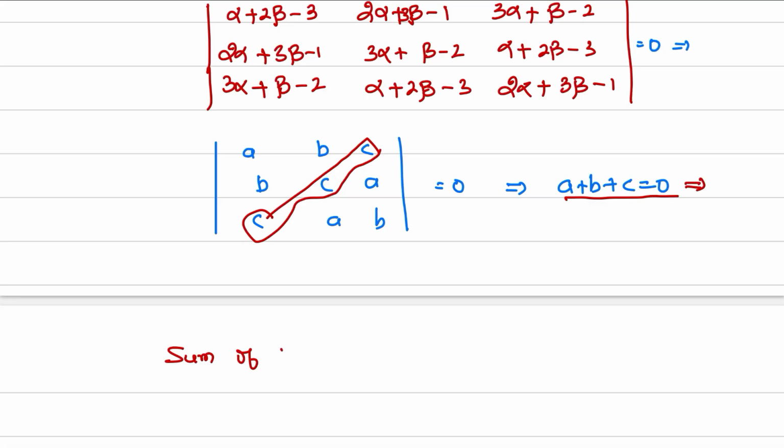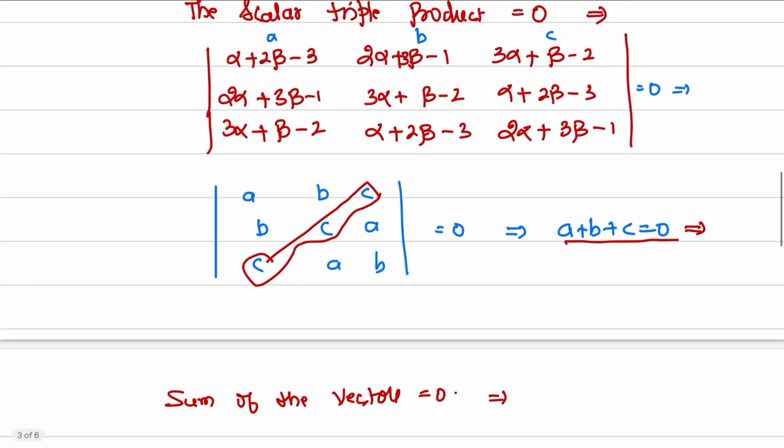Sum of the vectors is equal to 0. You need not calculate the determinant. Sum of the vectors, when will it be 0? When the individual components of each vector are 0. That means either this is A, this is B, this is C. That means A plus B plus C is equal to 0.